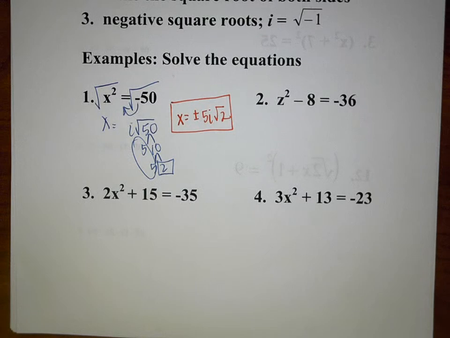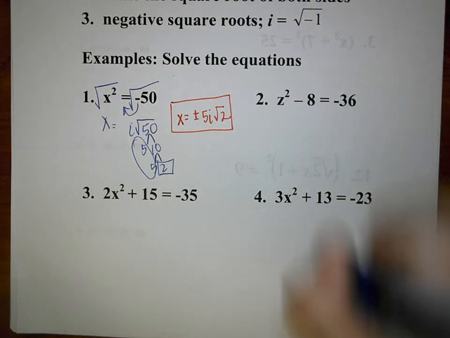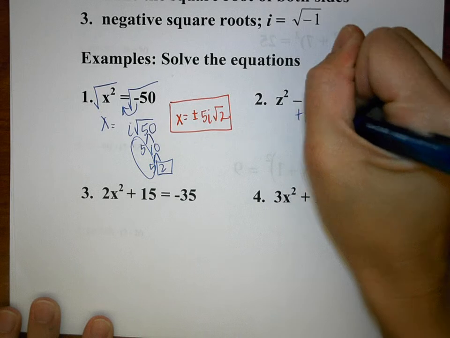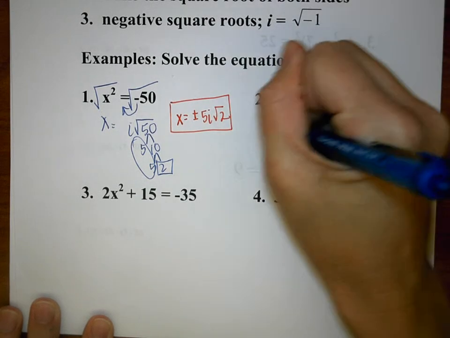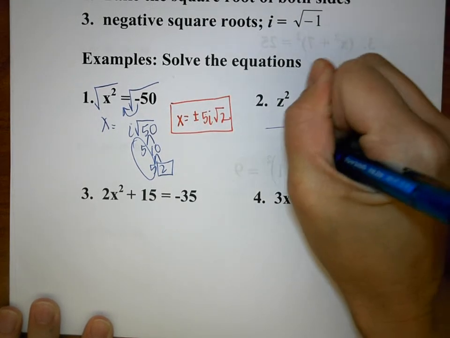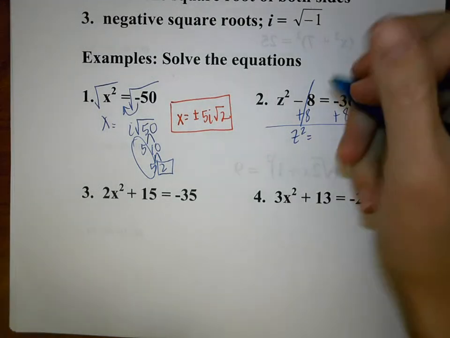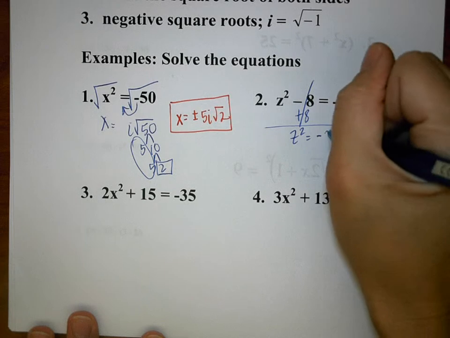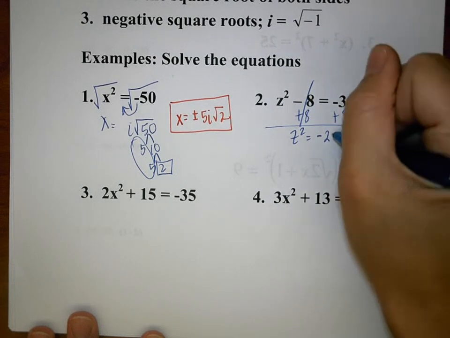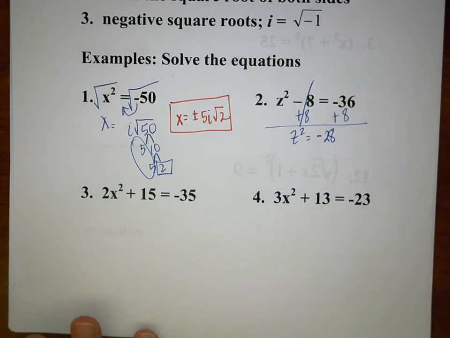Questions so far? All right, example 2. Is my square by itself? Good. And so we add 8 to both sides. What happens when you have a negative and a positive number? You subtract and take the sign of the bigger number. So what do we end up getting? Negative 28. Okay. Now is the square by itself?